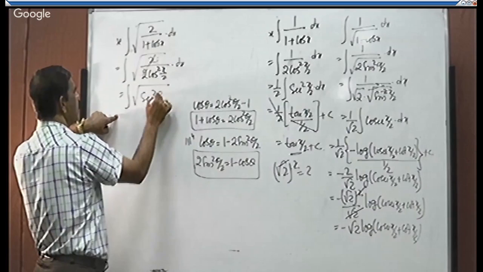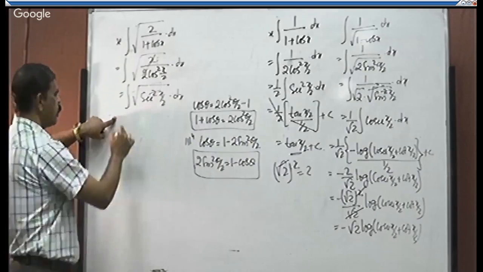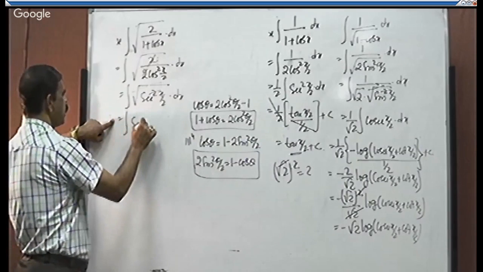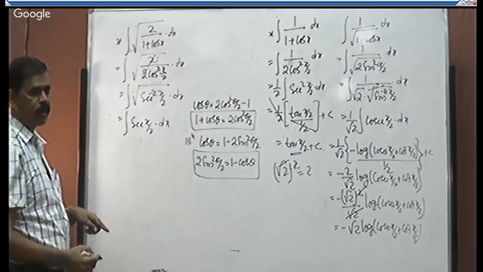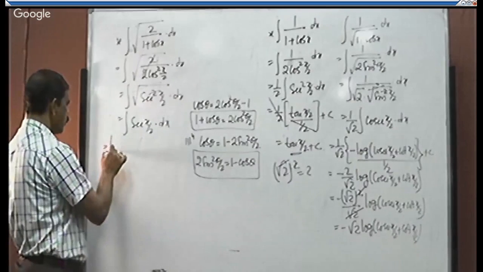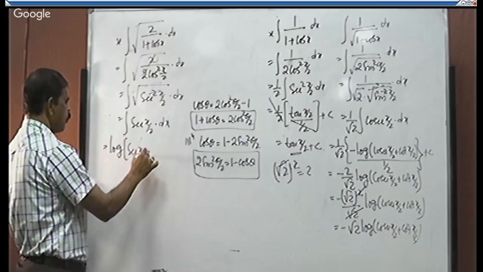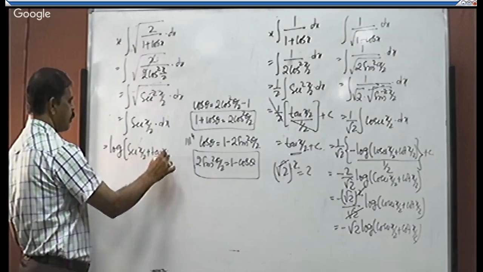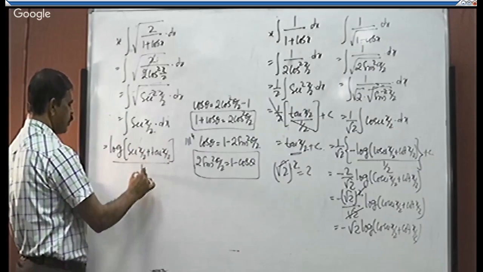Secant square x by 2, right? Square and root cancel. What is remaining? It is secant x by 2 into dx. Now integrate it. Integration of secant is what? Log of secant x by 2 plus tan x by 2 divided by x coefficient. X coefficient is 1 by 2.